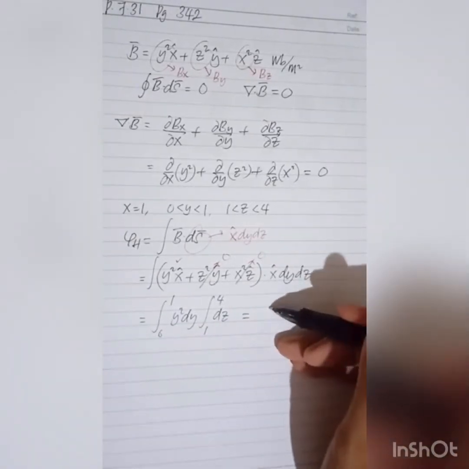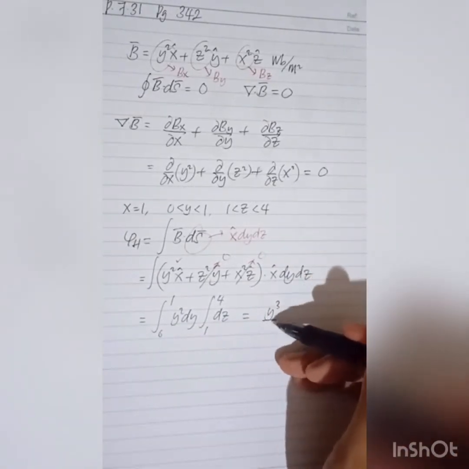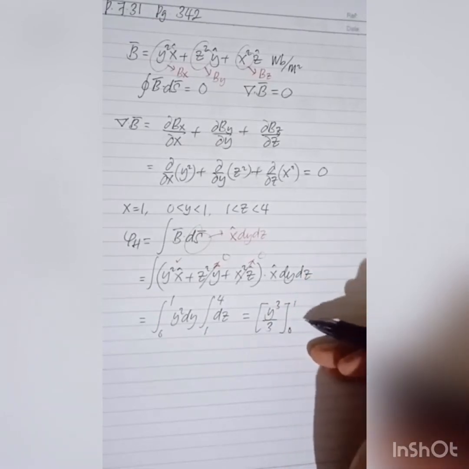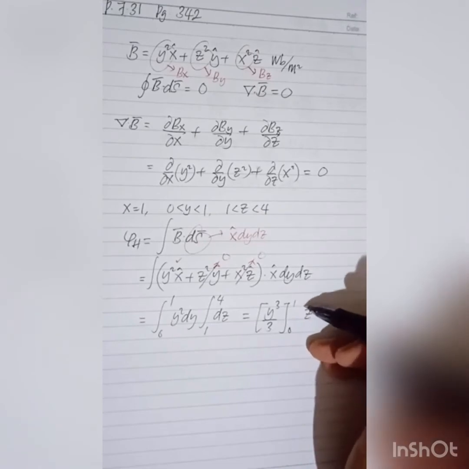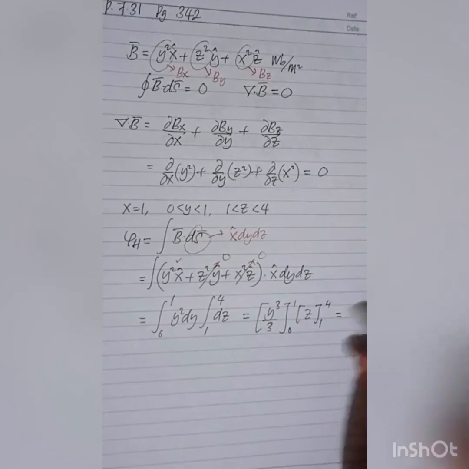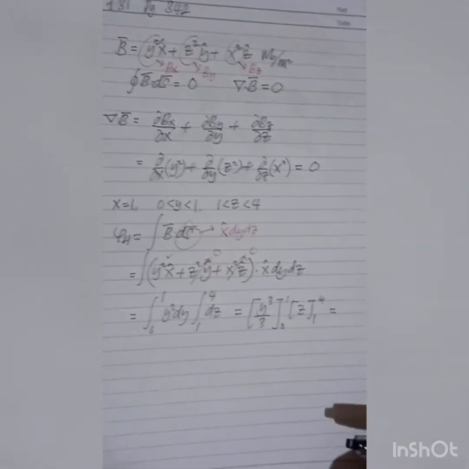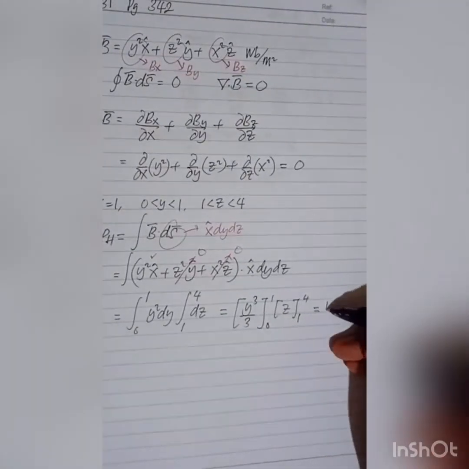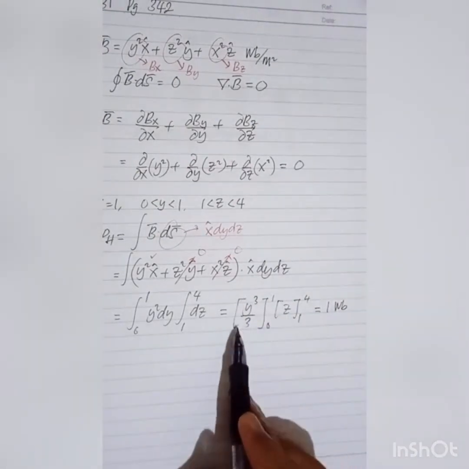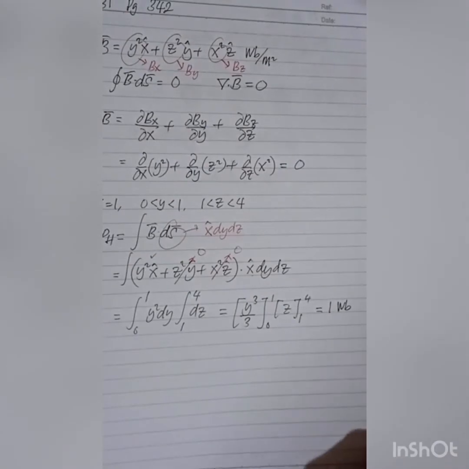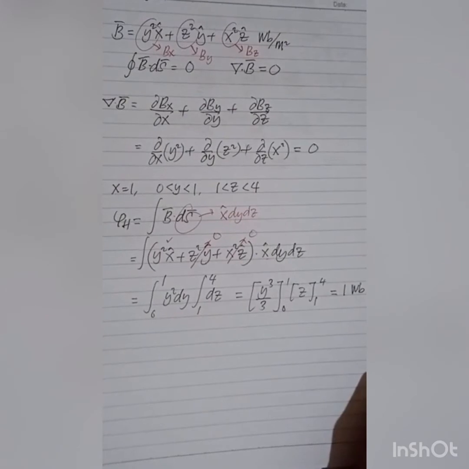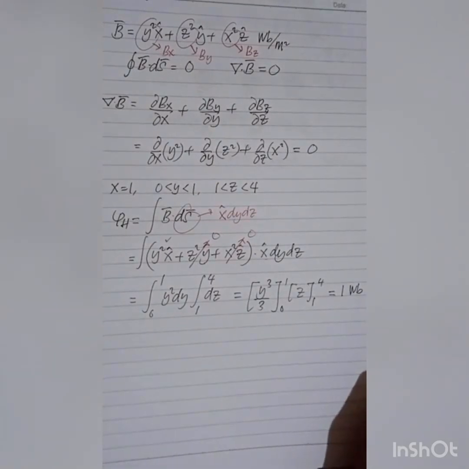Finally we have y cubed over 3 from 0 to 1, times z from 1 to 4, which will give you 1 Weber. Only 1 Weber, because it is 1 over 3 times 3. That's how we can find the magnetic flux for this case.